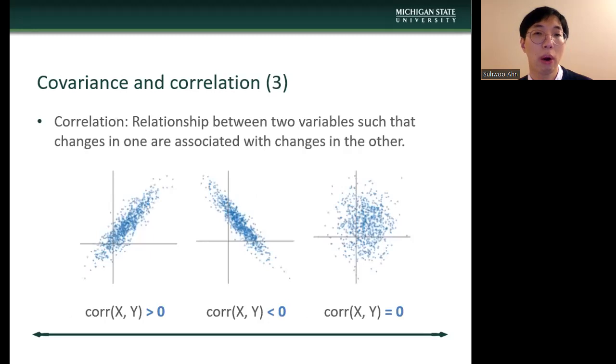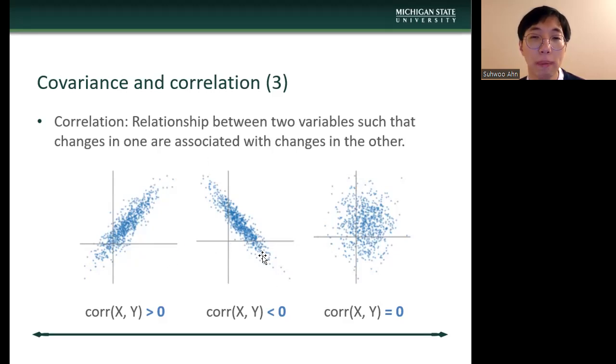And also we'll talk about correlation. Covariance and correlation are really similar concepts. The correlation is more of a standardization of covariance. The correlation shows the relationship between two variables such that changes in one are associated with changes in the other, so you can read the graphs the same way. As shown on the left side, as x increases and y increases, this is a positive relationship and the correlation value is positive.